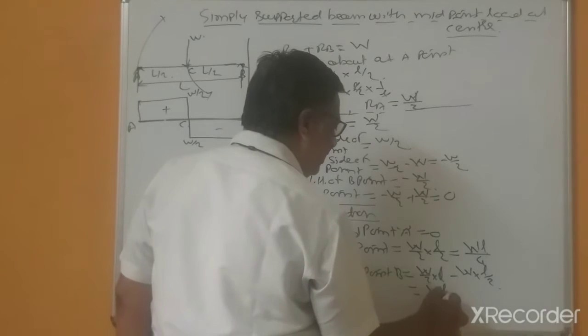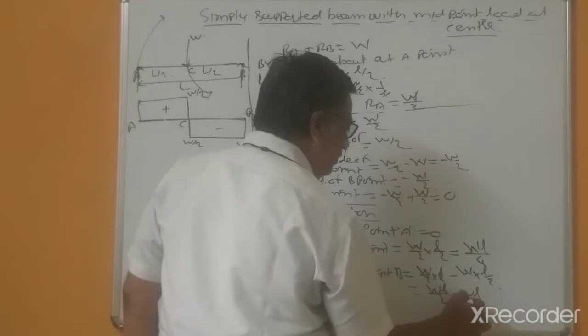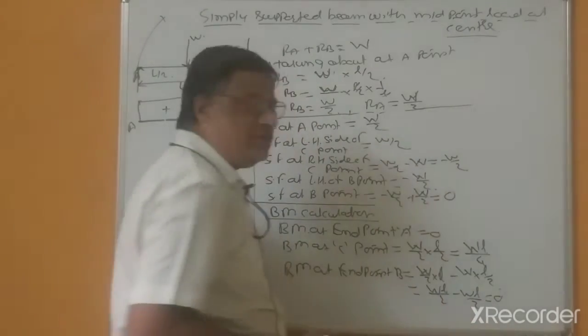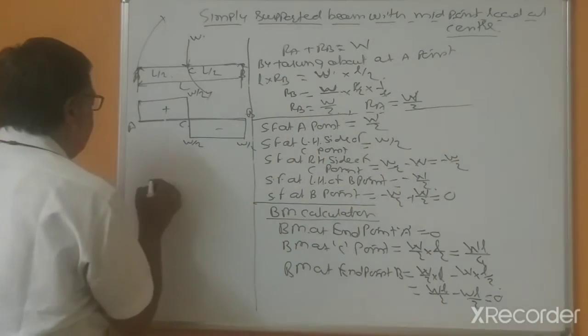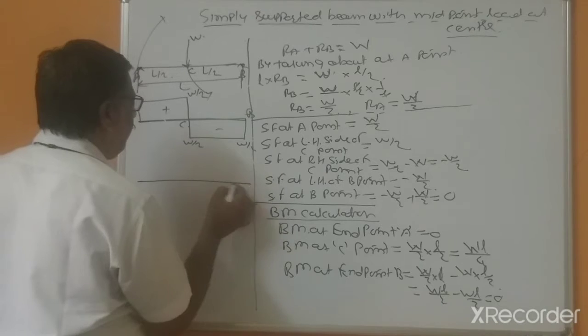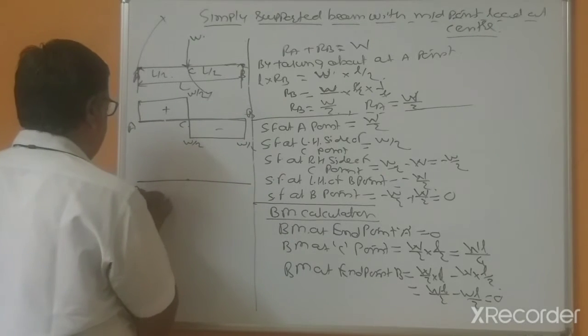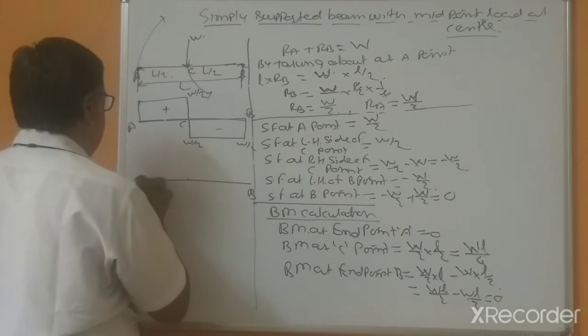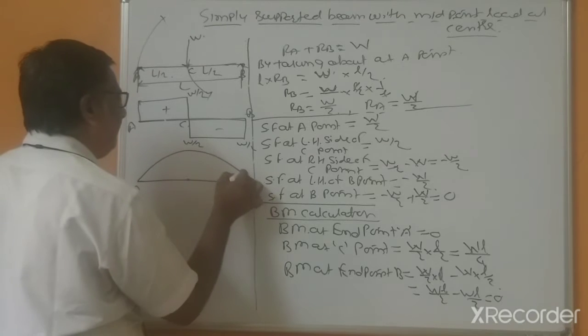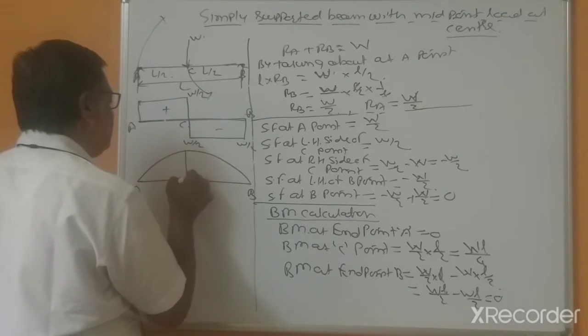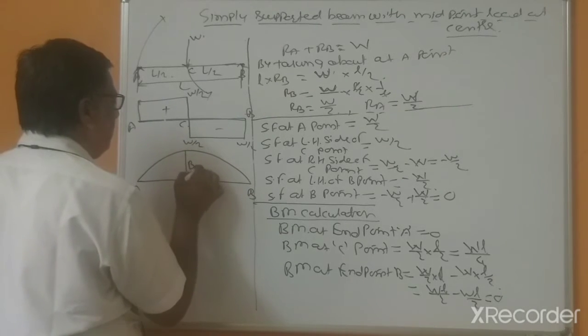So this is WL by 2 minus WL by 2, which equals 0. So that's the bending moment diagram from point A to point B, and this is the maximum bending moment.